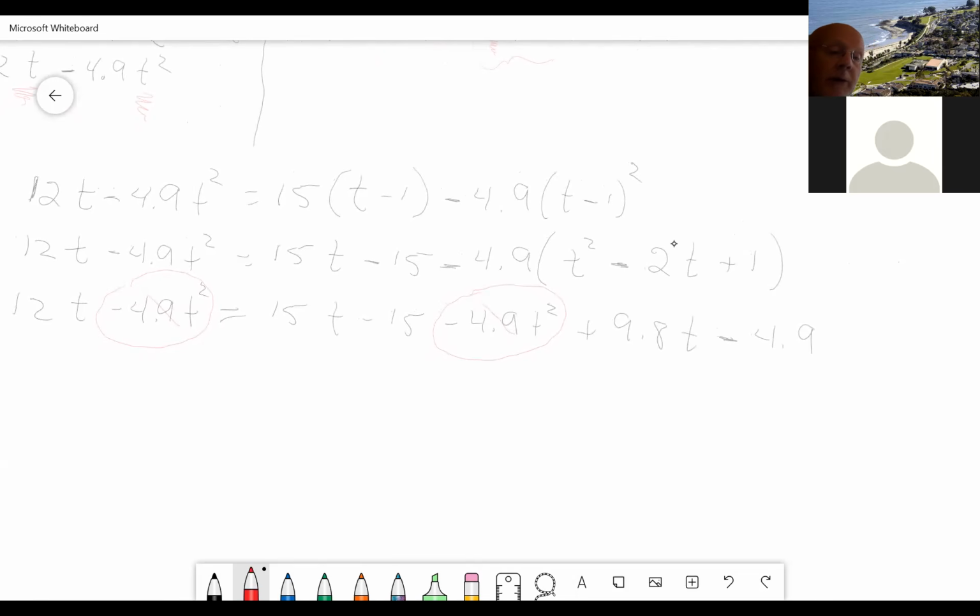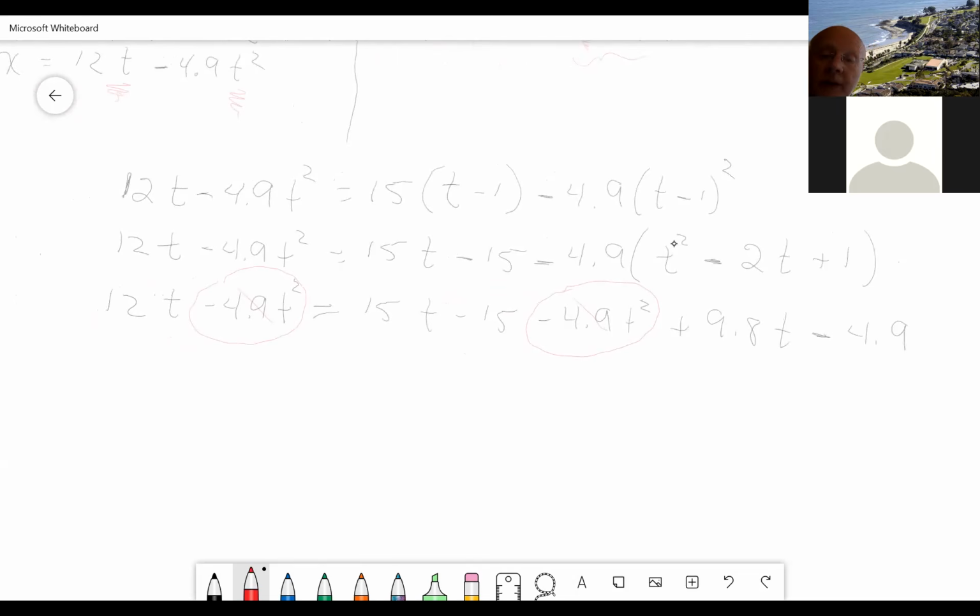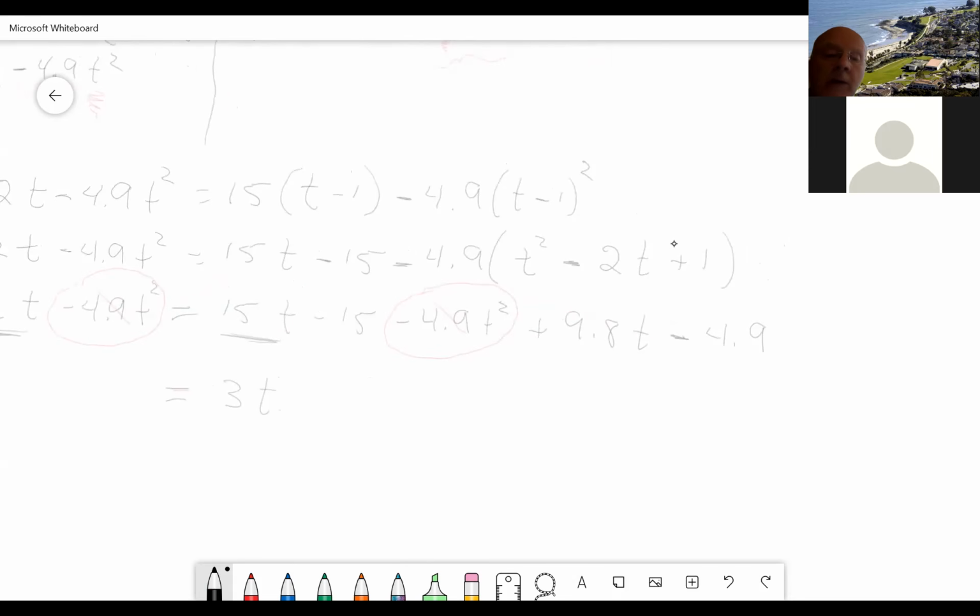But if we go to maybe solve this a little bit, maybe I'll do this. Go back to black. That 12t and that 15t, when I bring it over, makes 3t. And then I have plus 9.8t.